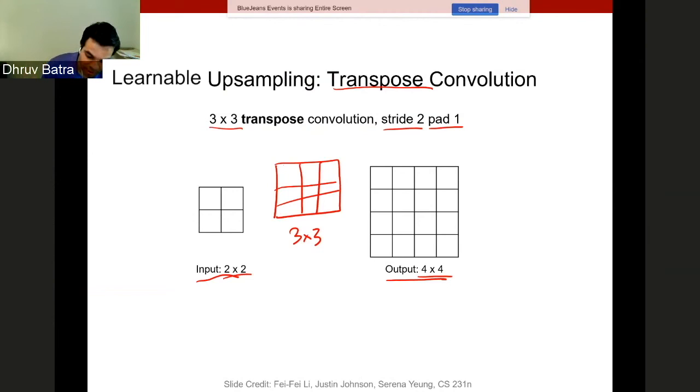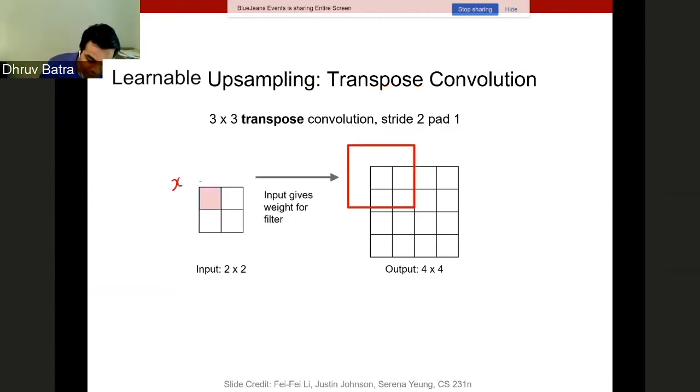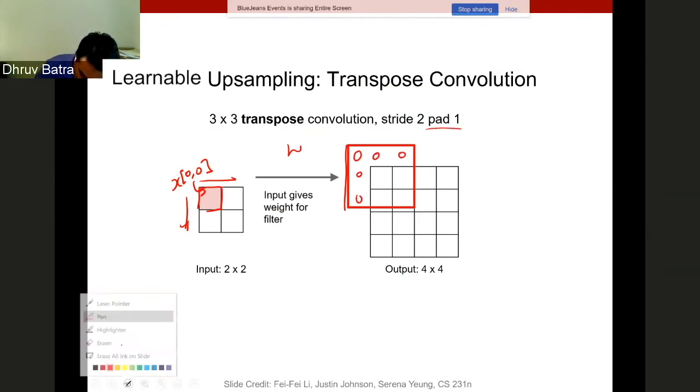Well, what we do is that we enumerate over all pixels on the input, just like we were enumerating over all pixels in the output. And for every setting of the enumeration, so in x0,0, we place this W filter with this padding. Let me just remove that for clarity. We place this at a particular place on the output.